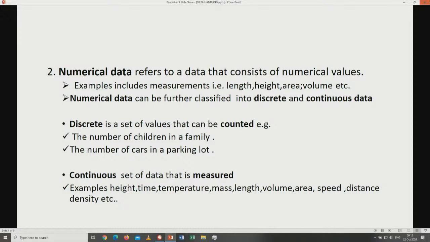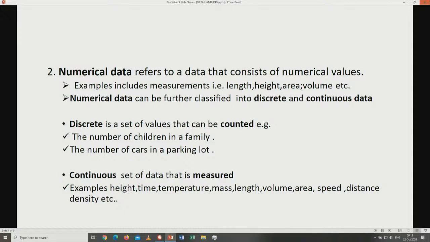What I noticed is that when the examiner asks learners in an examination whether the data given is discrete or continuous, learners will be guessing, which is not correct. Learners, we should understand the difference between discrete and continuous, as much as we now understand the difference between numerical and categorical. Let us look at discrete data and continuous data.